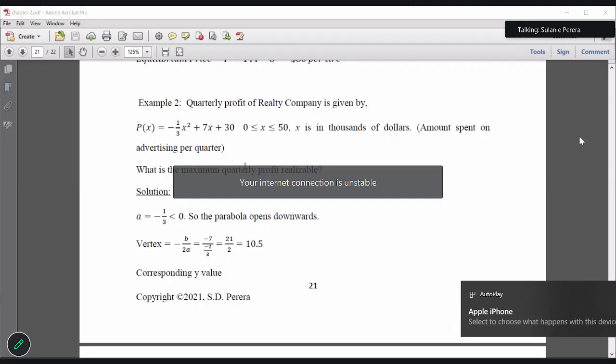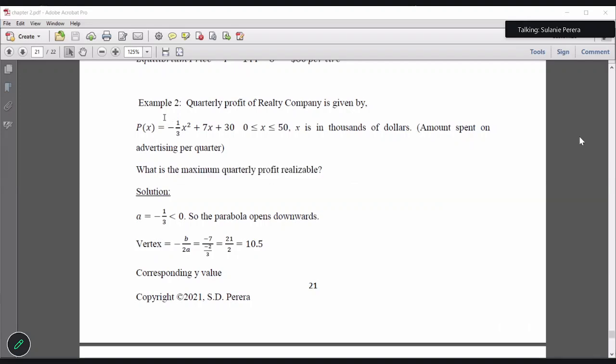No, so how do you recognize whether this will have a max or a min? Can you answer me?